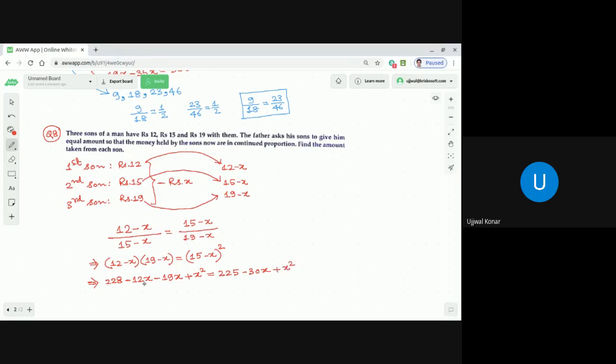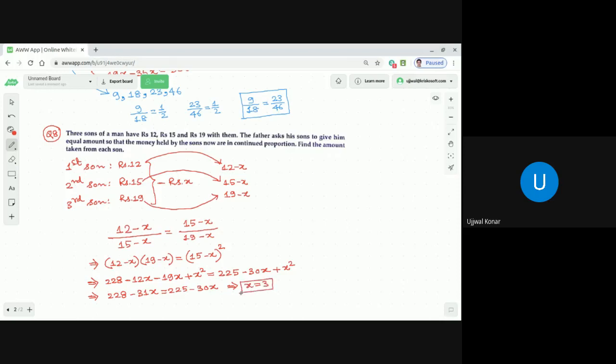Correct? So from here what we get is 228 minus 31x is equal to 225 minus 30x. Correct? So that implies x is equal to 3.